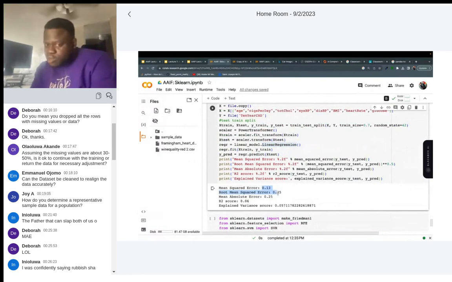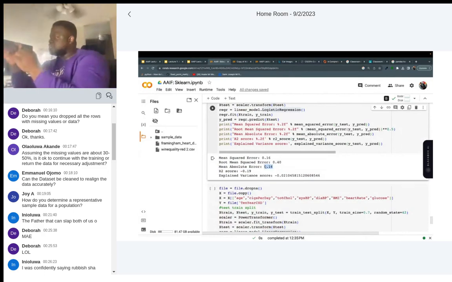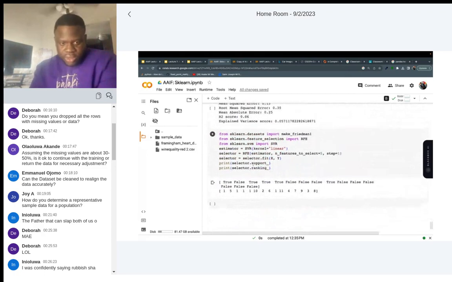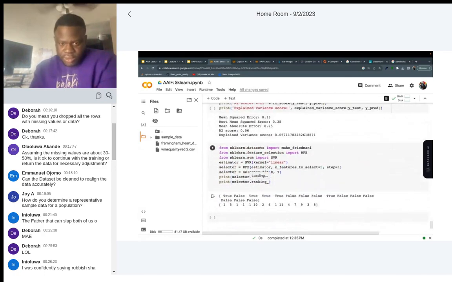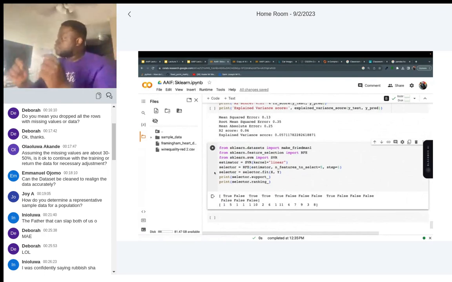With linear regression, we can see the model 0.25, but I'll choose logistic regression because the MSEs are very close. The RMSEs are very close, but the MAE is now better. So I will pick logistic regression. Then I was trying to do something on recursive feature elimination. It is an alternative way to PCA, but let's just move on.